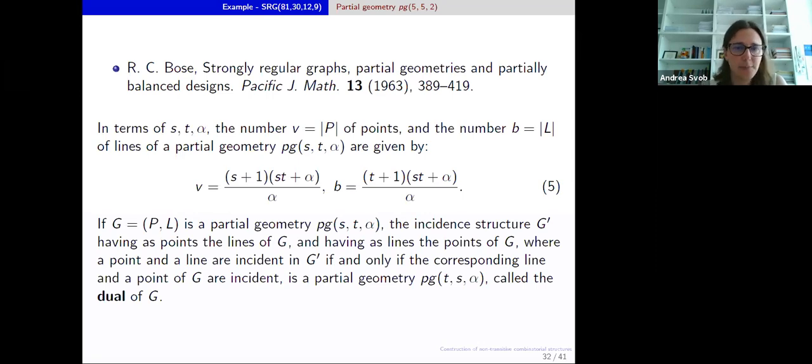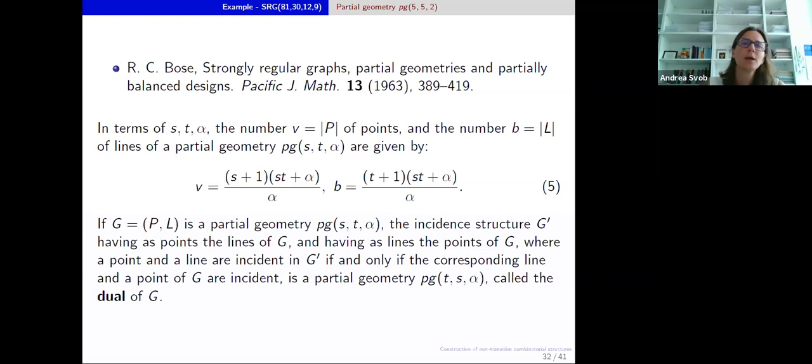If you have a partial geometry, then the incidence structure which can be defined as having as points the lines of our particular partial geometry and as lines the points of our partial geometry, where a point and a line are incident if and only if the corresponding line and point of G are incident, is called a partial geometry with parameters T, S, alpha, and it is the dual of our geometry.